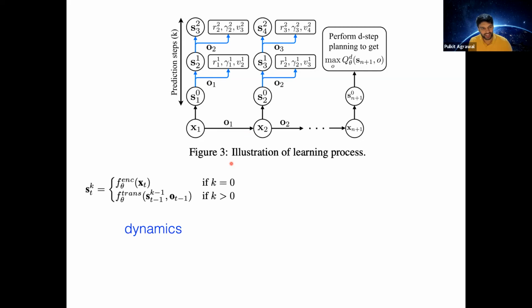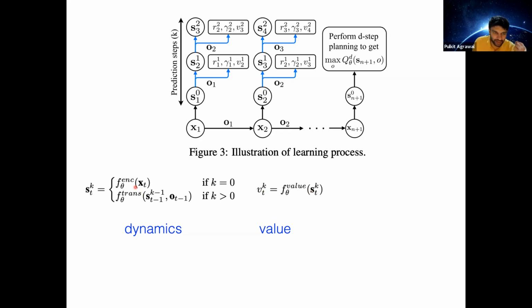Now, what is the loss function? I encode my X into representation S, and I learn the transition dynamics. Now, I'm going to predict the value of the state, right? The key difference over here is that they will not be reconstructing the input.